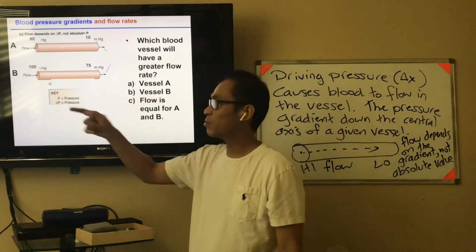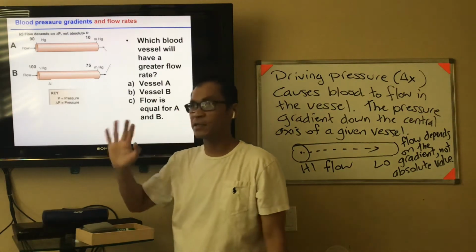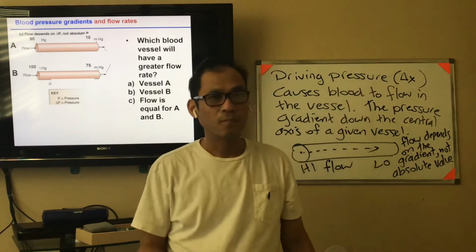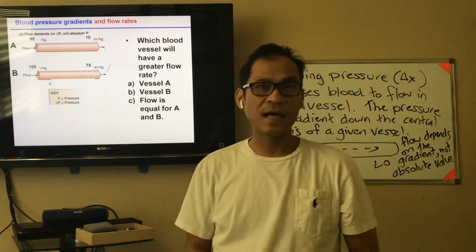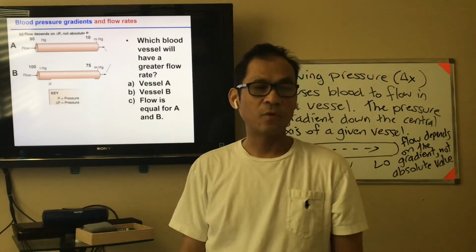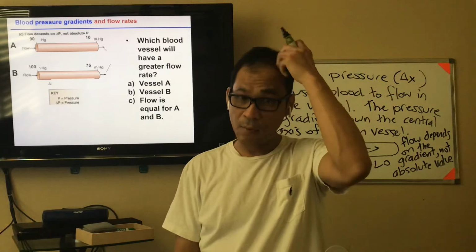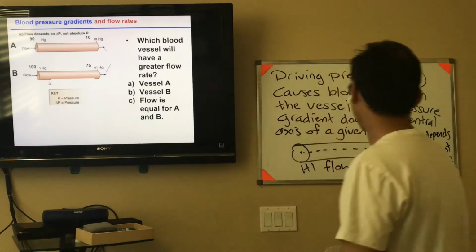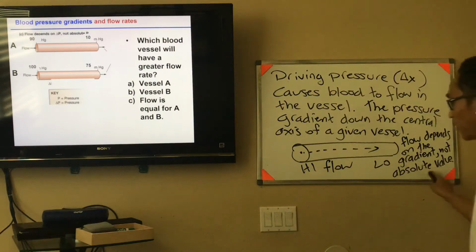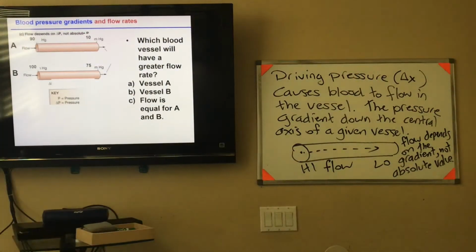So even though the absolute pressure is higher, 125, the gradient at the other end isn't as much, so flow wouldn't be as much. And if you took a physics class, you could calculate how much exactly. We won't do that. In a physics class you study Poiseuille's equation, and we won't get into that too much here. But this is the concept you've got to understand: flow depends on a pressure gradient, not really the absolute value of the pressure.